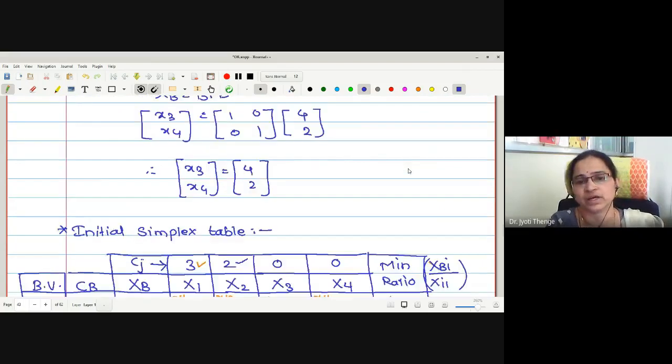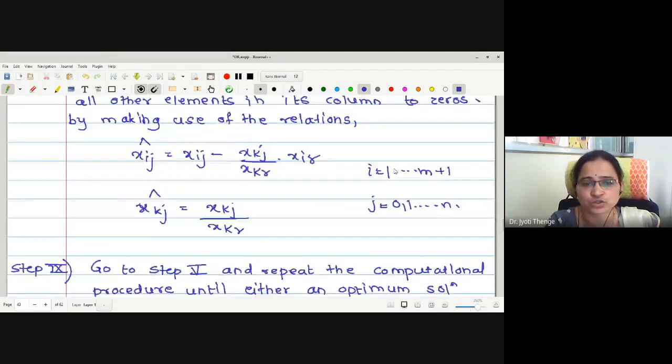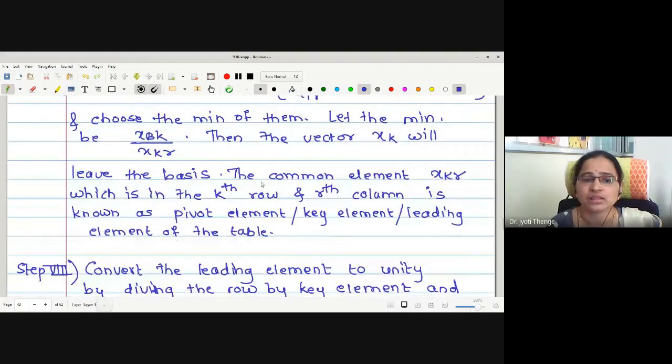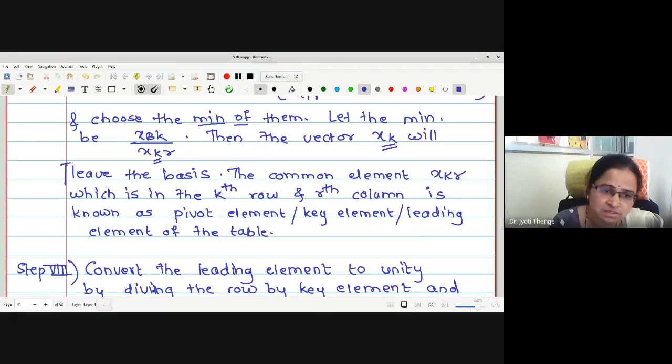We have calculated. Then after calculating this ratio, what we have to do? Compute the ratio XBi upon Xir, and then we have to choose the minimum of them, and whichever vector k gives the minimum value, that xk will leave the basis. Correct?